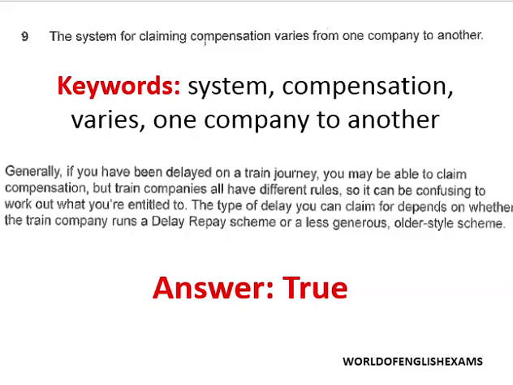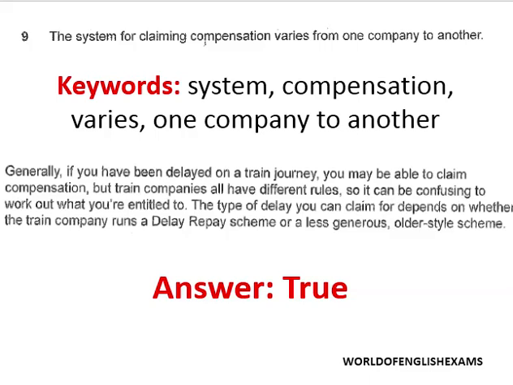Now let's read this. Generally, if you have been delayed on a train journey, you may be able to claim compensation. Have you seen the first keyword, compensation? Yes, let's continue. But train companies all have different rules. So clearly the text says that the rules differ based on the train company, which corresponds to the meaning of the statement.